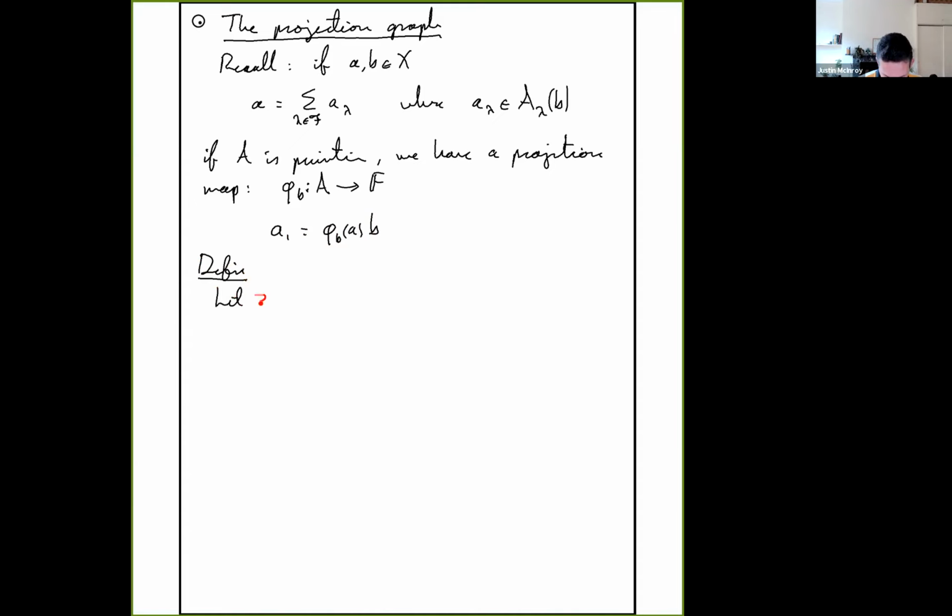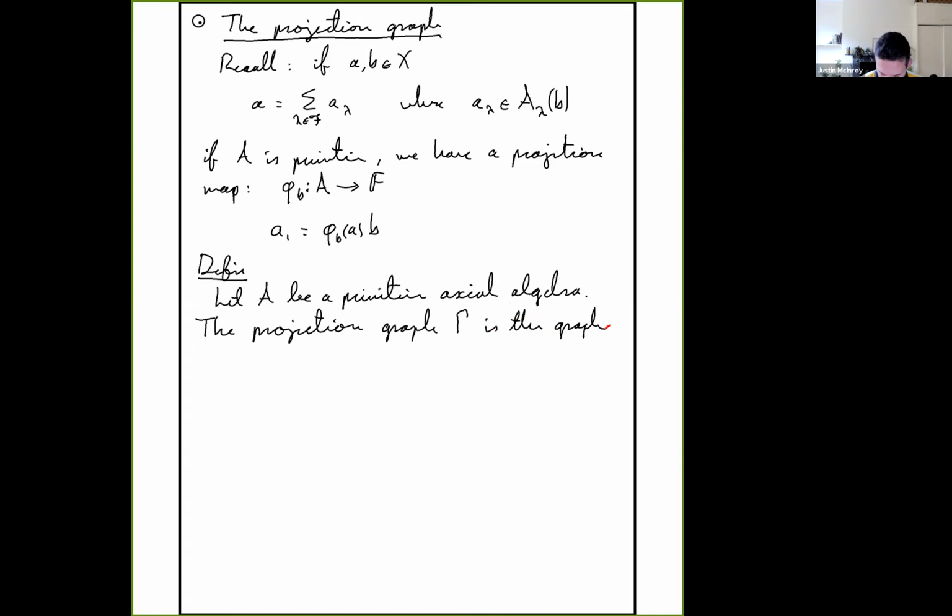So let A be a primitive algebra. The projection graph is the graph with vertices the set of axes and a directed edge A to B if, we get this the right way around, the projection of A onto B is non-zero.